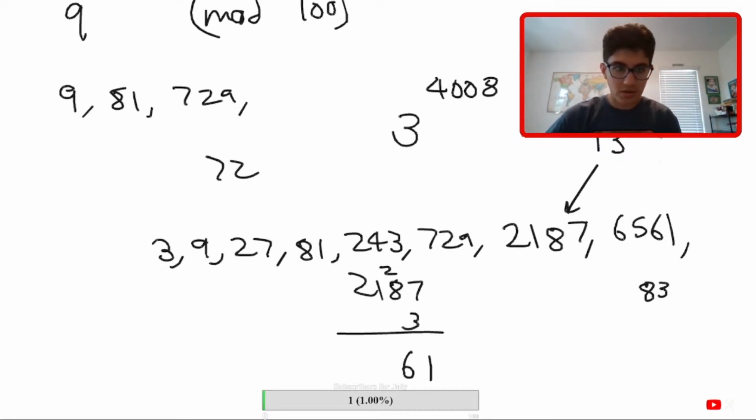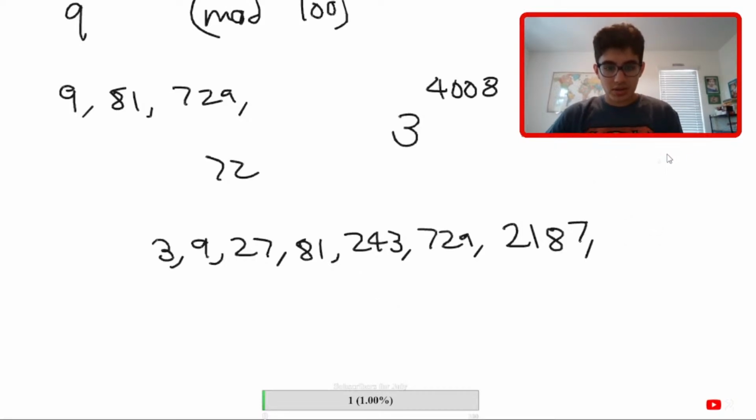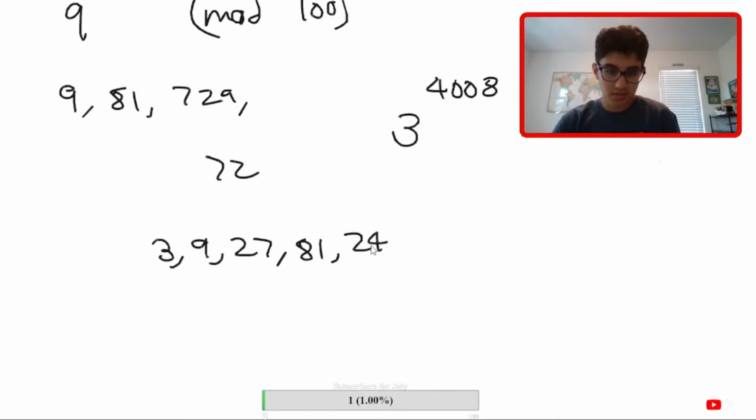We only care about the last two digits, right? That will save us some time and allow us to work faster. I don't know why I didn't do that yet.